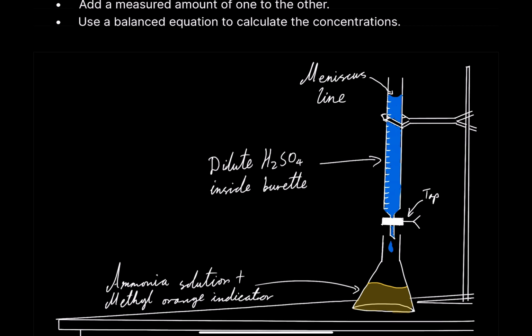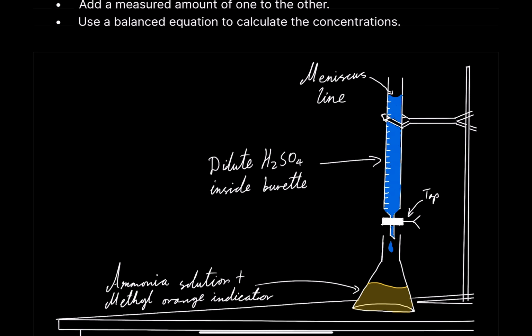The top is a meniscus line, and that's quite important to highlight. I'm never going to tell you to write down a meniscus line, but it's something you'll see when you're doing your titration, and it's very important that you don't take it for granted. When you're doing a titration, or when you're using a burette in general, it has something called the meniscus. It looks like a dip on the top of your top layer, and it's important that you look at the bottom.